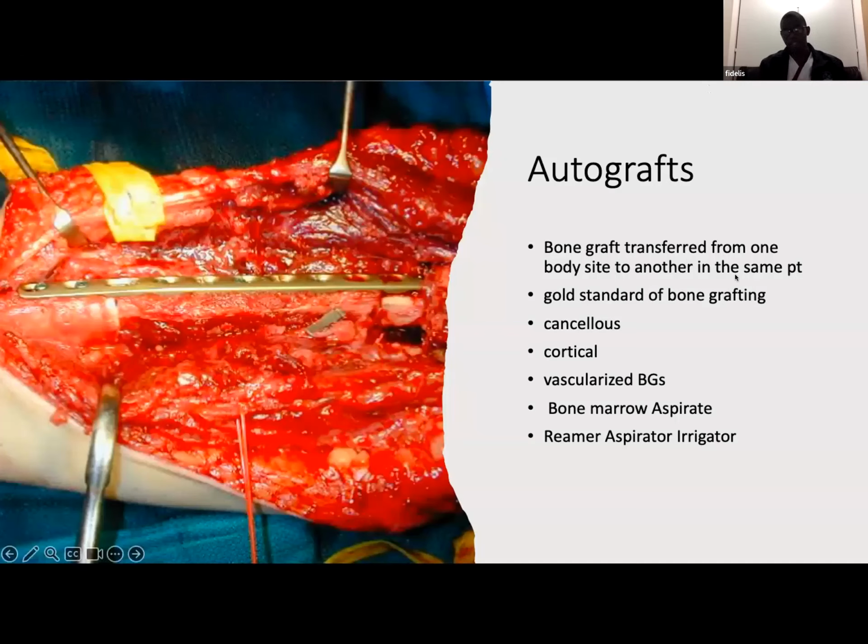So it can be cancellous, it can be cortical, or it can be vascularized or devascularized cortical grafts. And then this category also includes your bone marrow aspirates as well. And then your reamer irrigator aspirator, which we sort of briefly described and talked about earlier on.